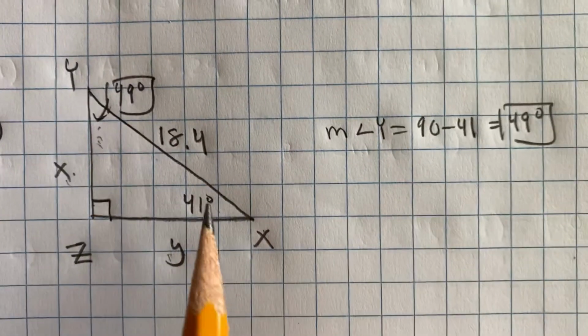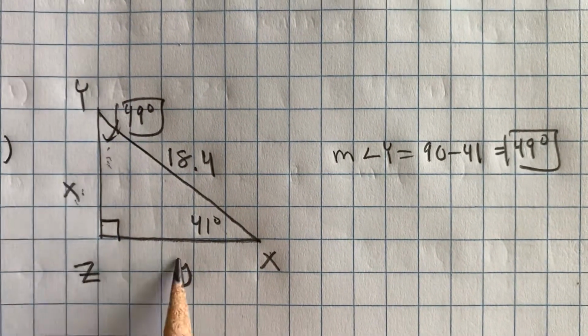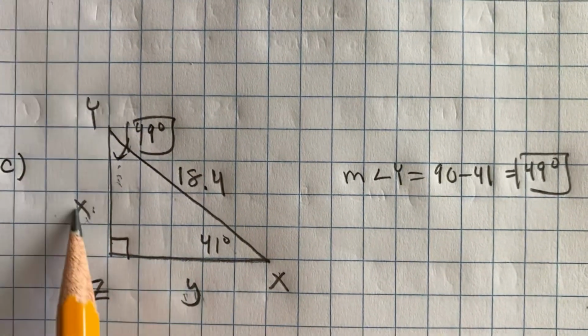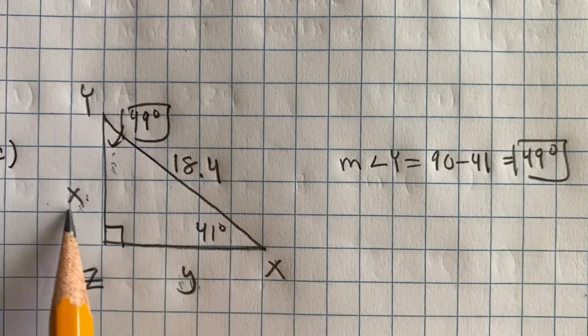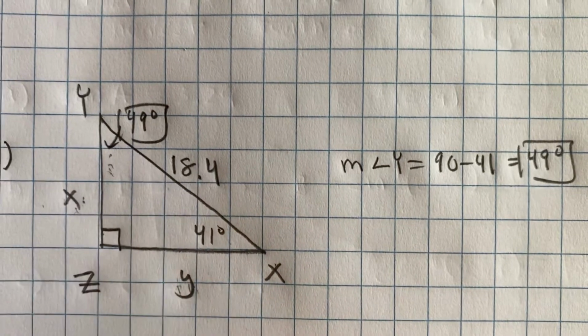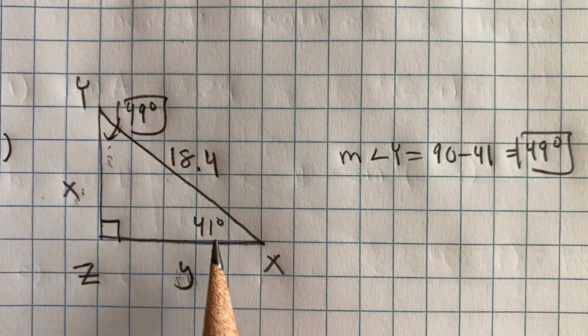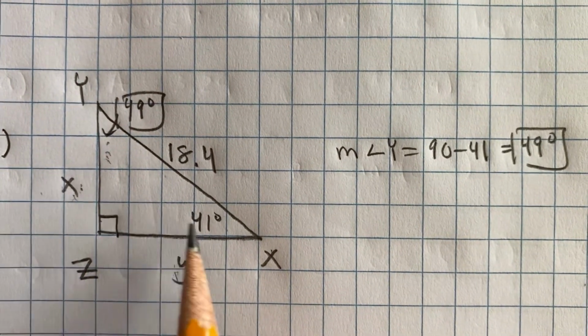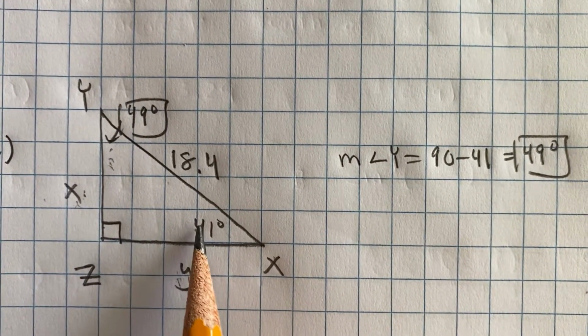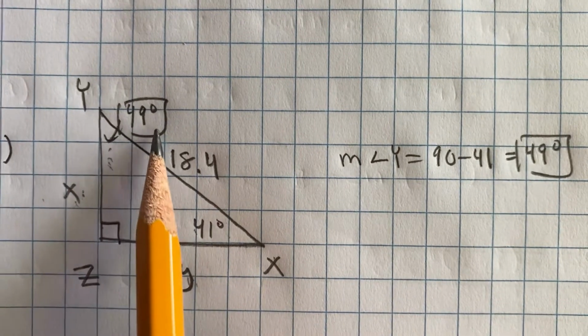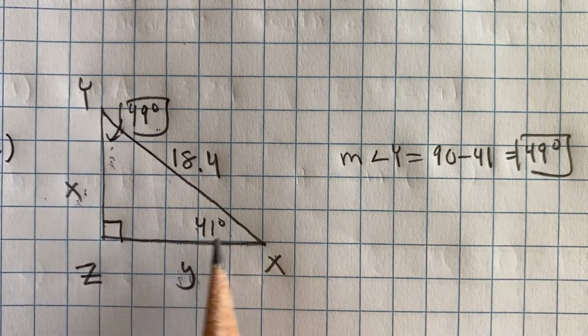Now to figure out X and Y, you can't quite use the Pythagorean theorem right now because you don't know either one. If you had two of the three sides, then you could use Pythagorean. But we're just going to use our trig ratio here. Let's say I want to solve for X first, and I want to use my 49 degrees. It doesn't matter if you use the 49 or the 41.